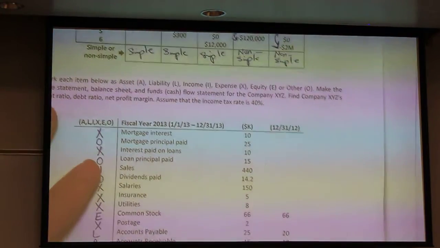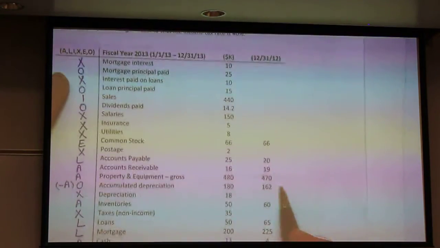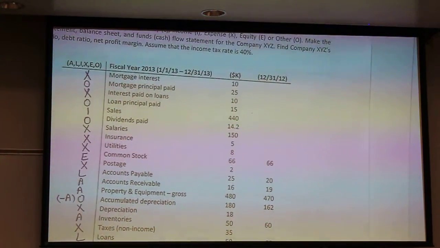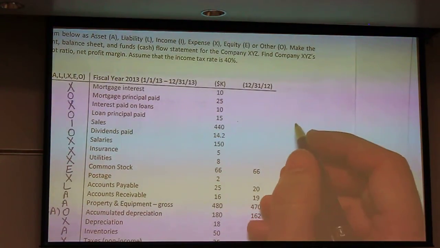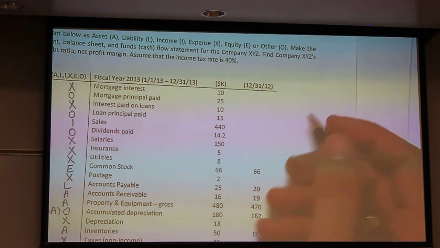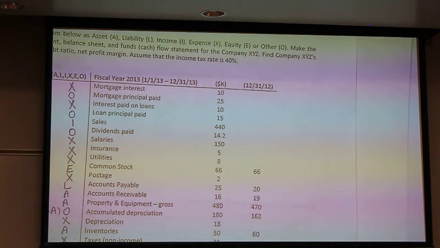To do the cash flow though, we need to go back to our table because we need to figure out the deltas here. Right? Okay, I'm going to put something here as use of fund and source of fund so that you can use it later on in your exam.